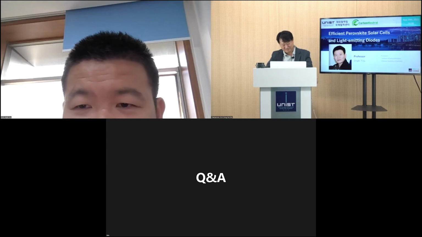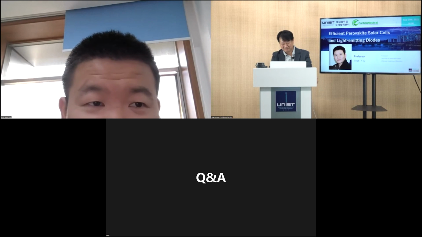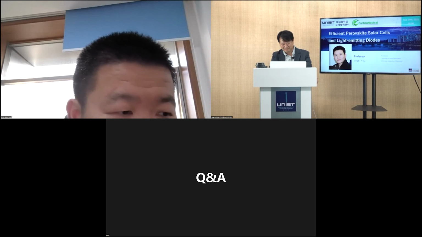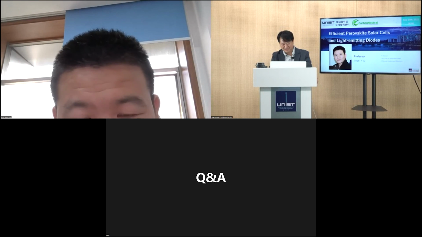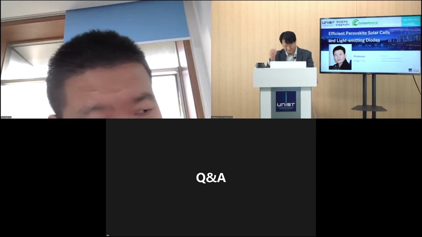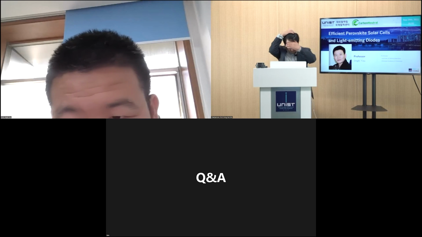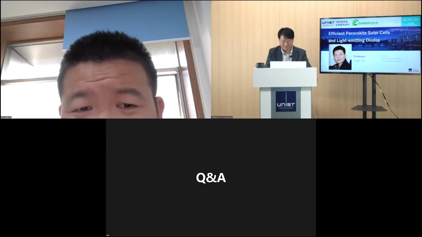So comparing with gallium arsenide, we can see that the open circuit voltage loss is close to gallium arsenide. At present it is 0.32, and for gallium arsenide the loss is 0.3, so it's very close.